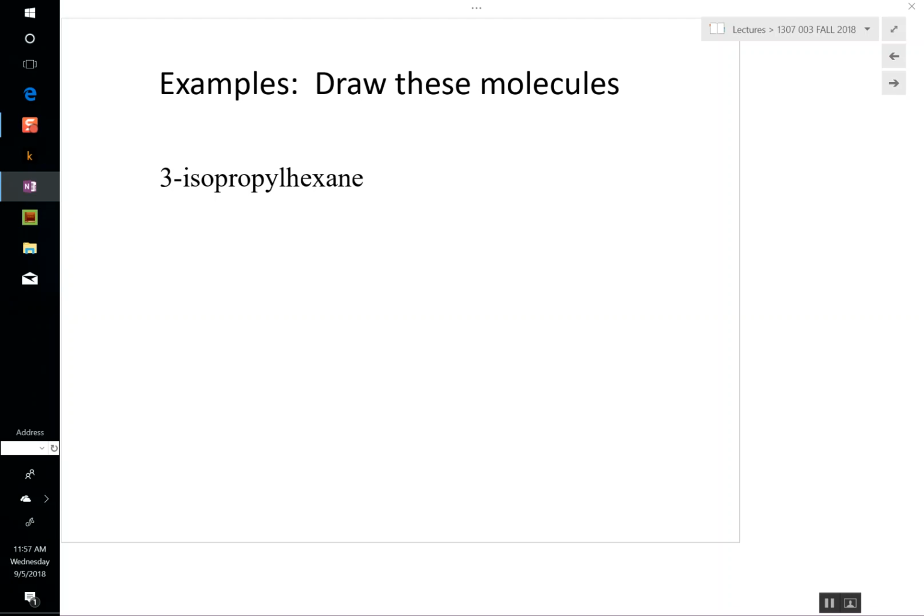Now attach a carbon to it. And attach a carbon to it. Okay, now put 4 bonds around everything. Getting there? That only has 3 bonds. And that only has 3 bonds. There you go. That's an isopropyl group hanging off the side of it.